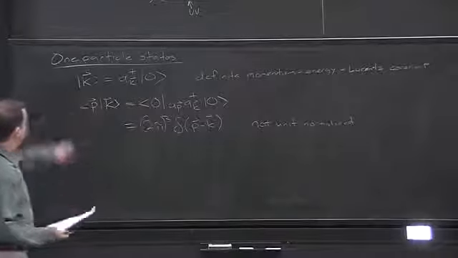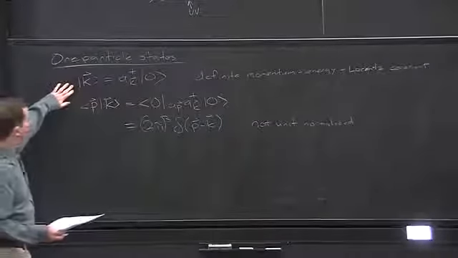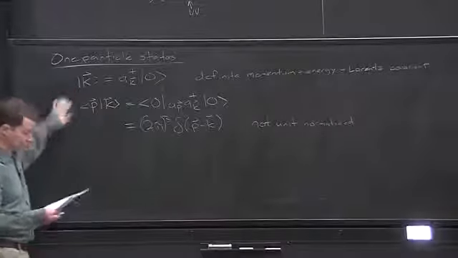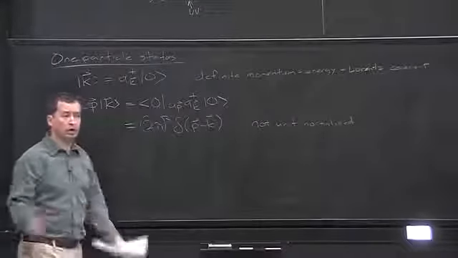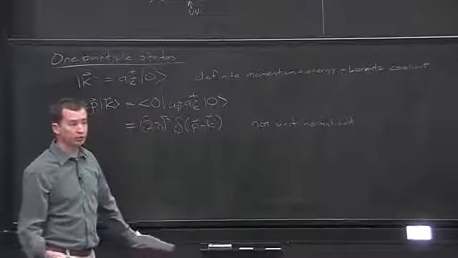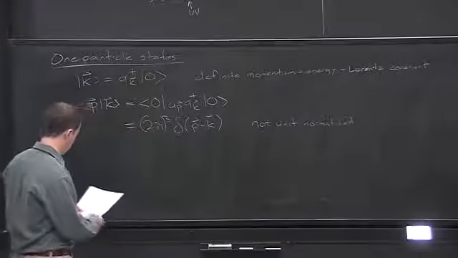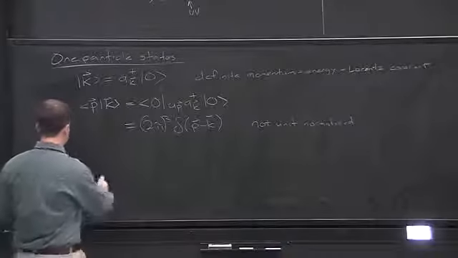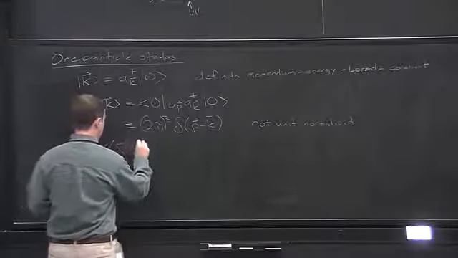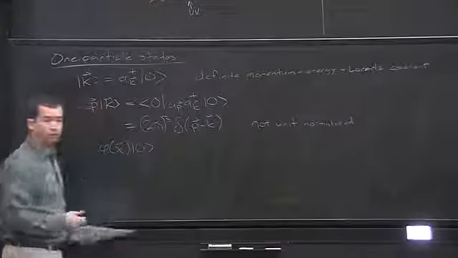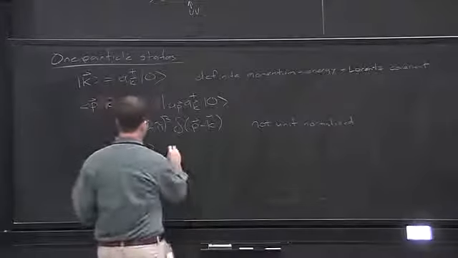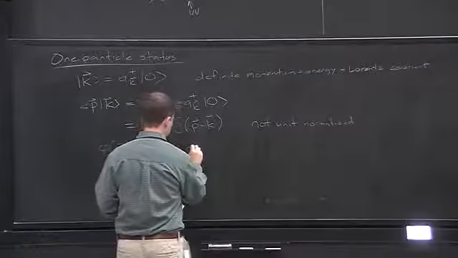Okay, so that's what the one particle momentum eigenstates look like. We don't have a position operator, as I emphasized in the last lecture, but there is a sense in which this state, where we act with the field operator on the vacuum, is a one particle state.